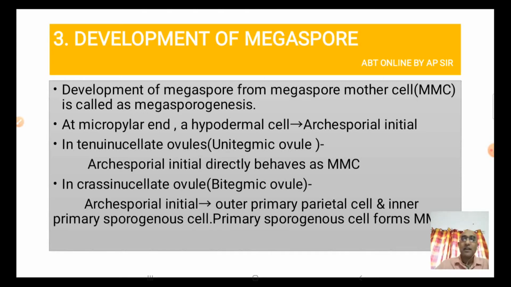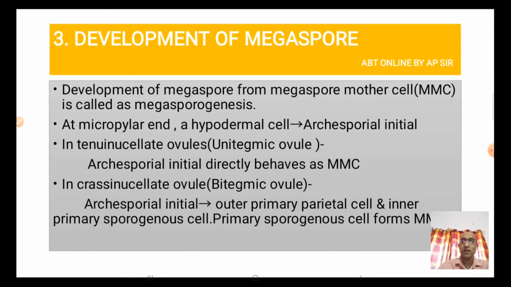At the micropylar end of the ovule, a hypodermal cell differentiates to form the archisporial initial. Sometimes the archisporial initial directly behaves as the megaspore mother cell.